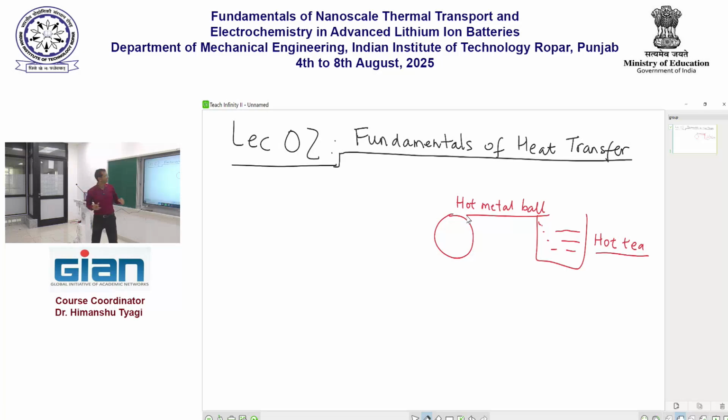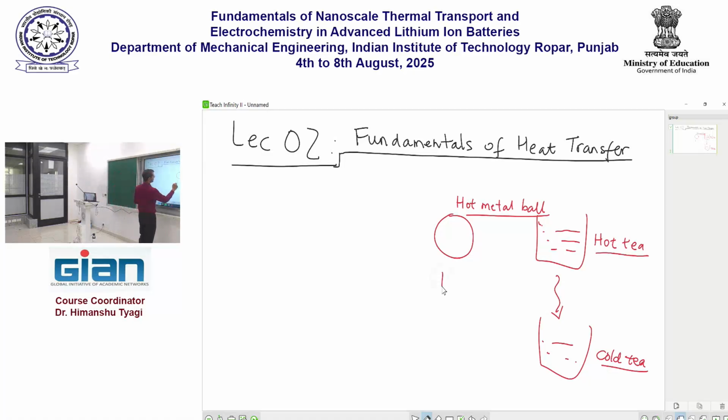What is different between this hot tea and the tea after some time, which has now become cold? How do I tell that this is hot tea and this is cold tea? Temperature, exactly. So the temperature, T, is the quantity that characterizes the content of energy in this body, right?